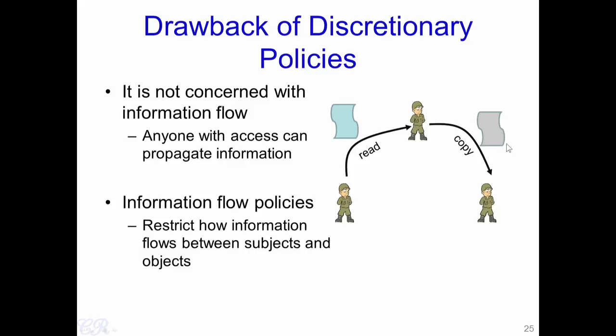So, as such, the discretionary policies do not take care of the flow of information from one user to another. It is only capable of preventing access to information, but not the flow of information.